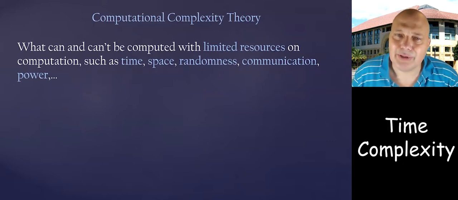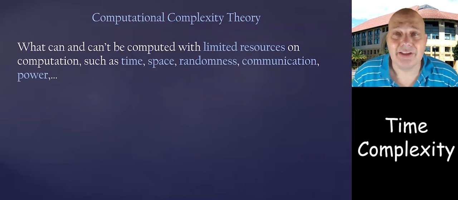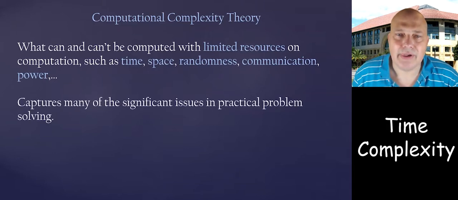We'll talk a little bit about space. We'll talk even less about randomness. We talked a little bit about communication. There are other notions that we won't even discuss, like power, which is very relevant when we're talking about mobile devices. So there's lots of things we want to ask in terms of the efficiency of resources that we are going to use.